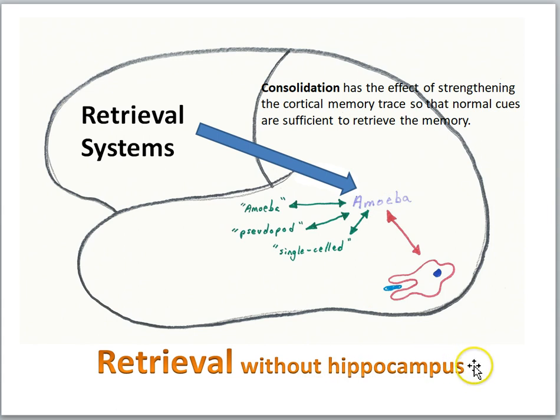We saw this with neurological patients like HM who didn't have a hippocampus but could retrieve semantic information. So consolidation has the effect of strengthening the cortical memory trace so that normal cues are sufficient to retrieve the memory, and you don't need the hippocampal system anymore. Frontal cortex retrieval systems can activate the memories, and then the memory loads up into the working memory system.